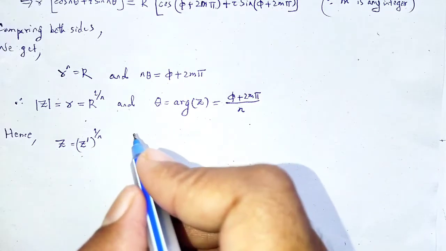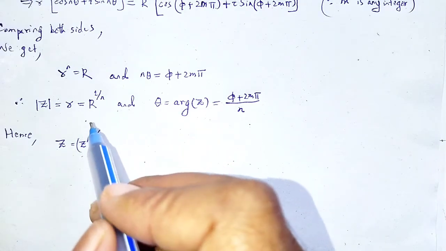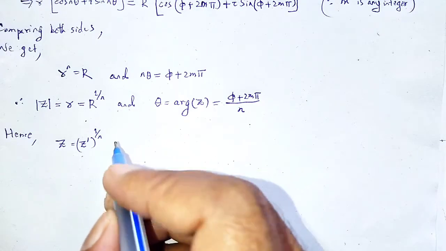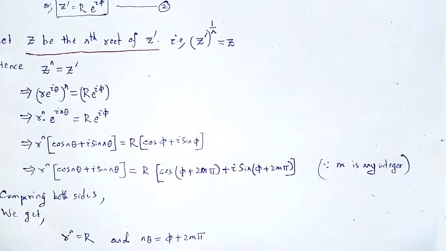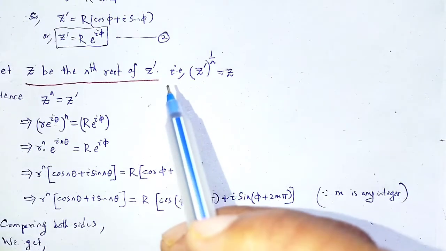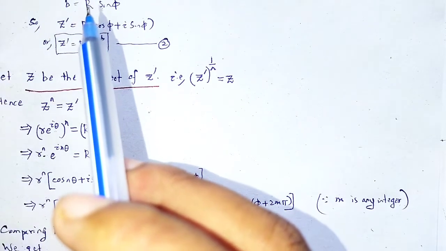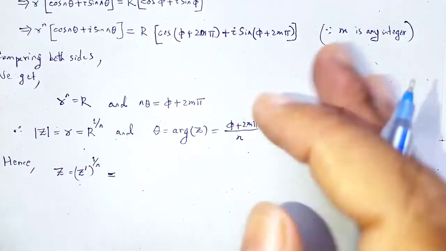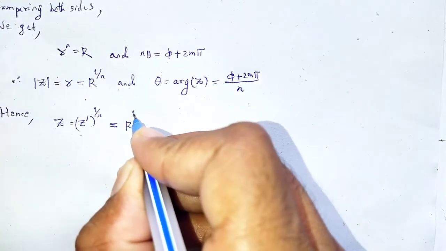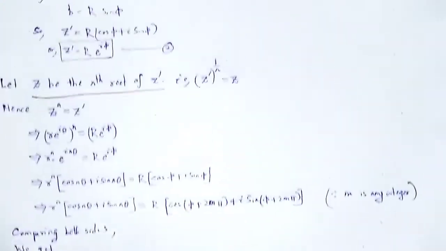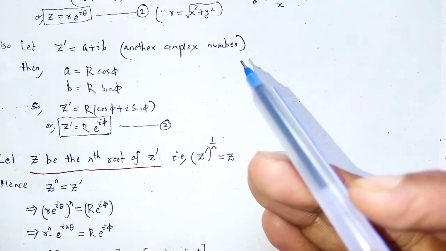Substituting these values in place of z dash, that is the value of z dash as capital R e to the power i phi, now the terms are written as capital R to the power 1 by n and cos phi plus i sin phi.